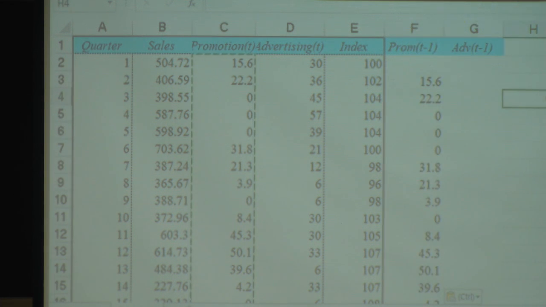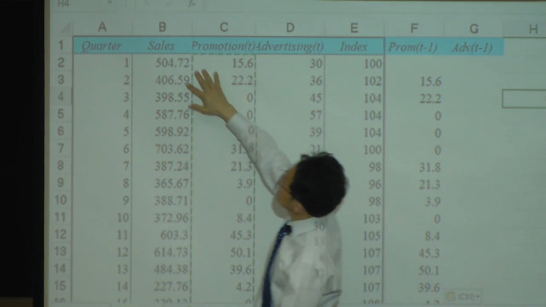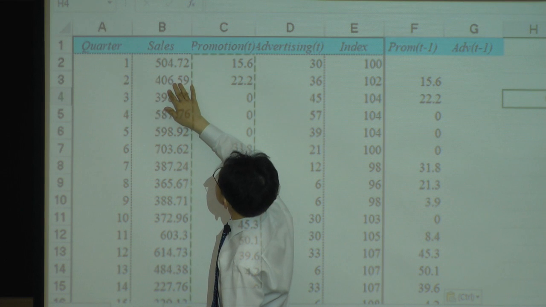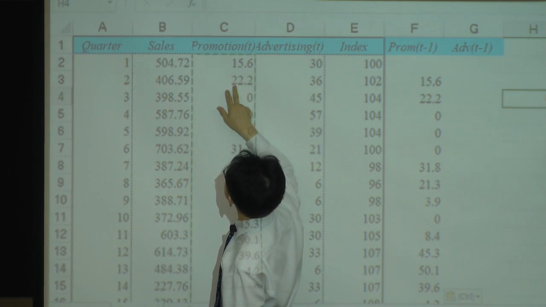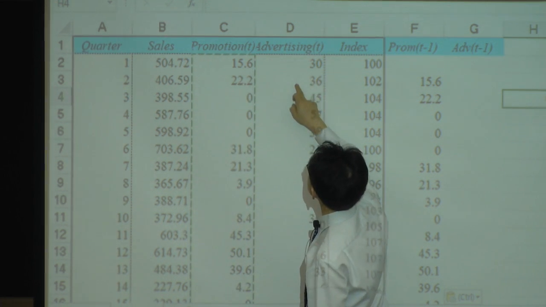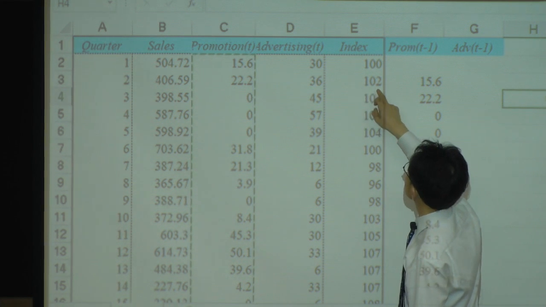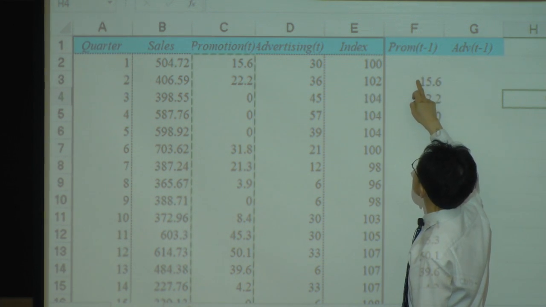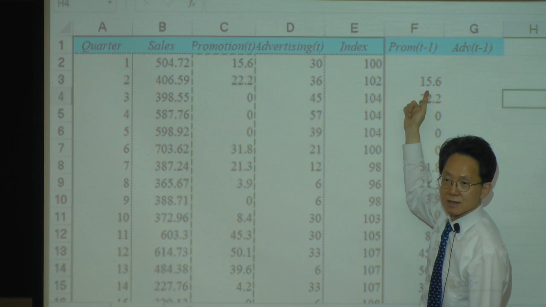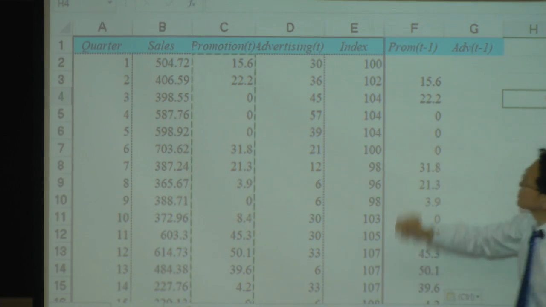Okay, that's more appropriate. In other words, my sales in quarter 2 will be affected by promotion in quarter 2 and advertising quarter 2 and index quarter 2 and also my promotion in quarter 1, right? And I do the same thing.